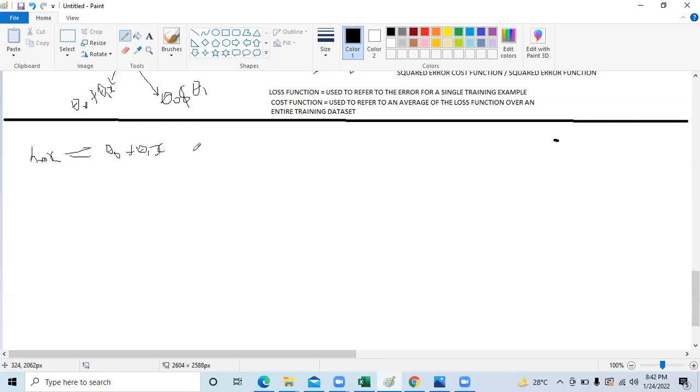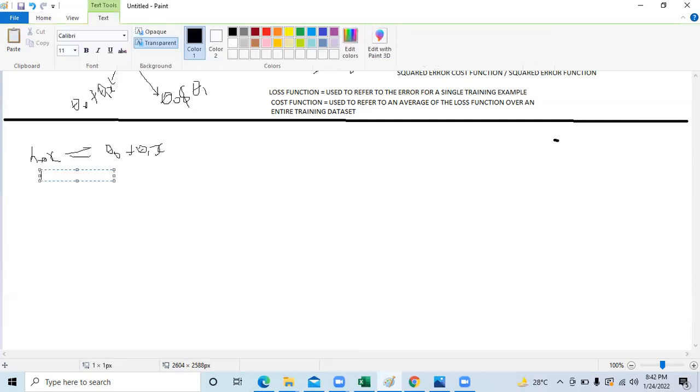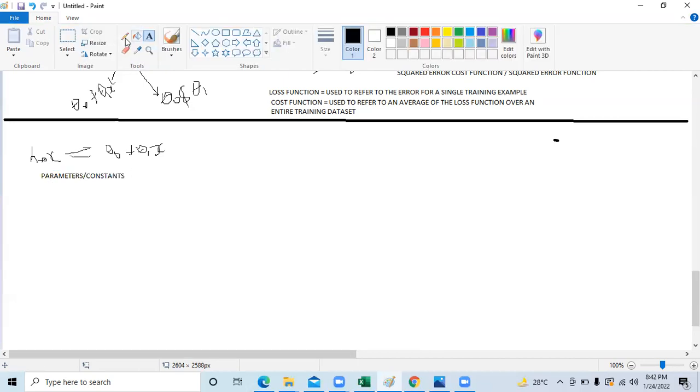And these are our parameters, or constants, called theta 0 and theta 1.